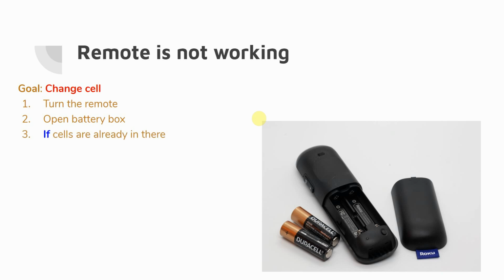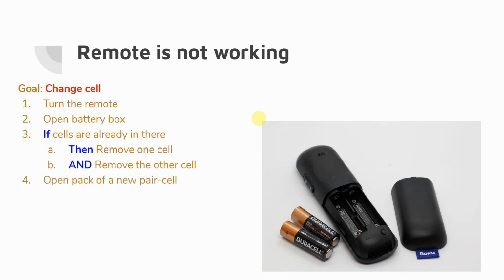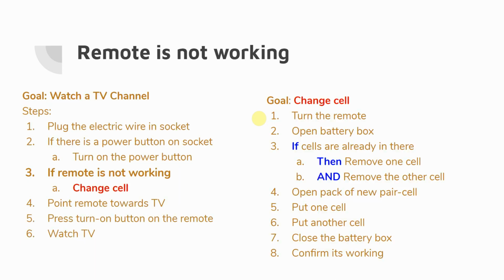If cells are already in there, then remove one cell and remove the other cell. So these are step-by-step guides. Open a pack of new cells, put one cell, put another cell, close the battery box and confirm it's working. So that's how our program is as a whole.